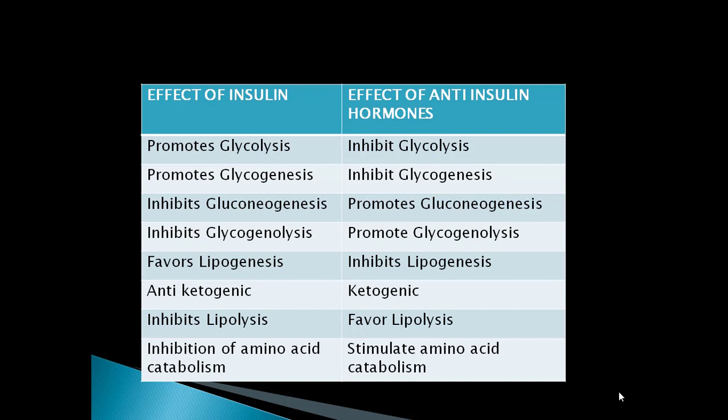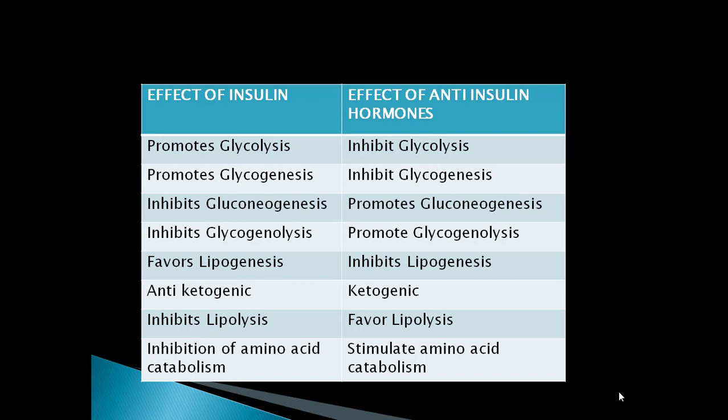It also inhibits the catabolism of proteins and amino acids. We all know that glucogenic amino acids tend to generate glucose via gluconeogenesis. Again, the same concept: glucose is already available, we don't need other sources of glucose for utilization.